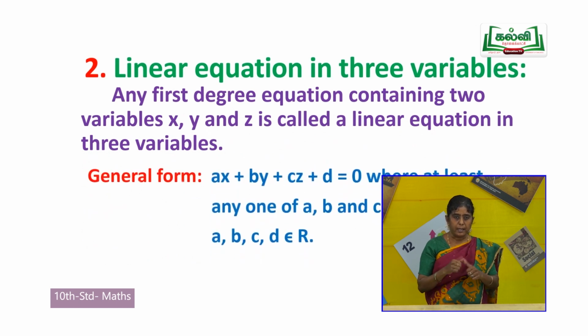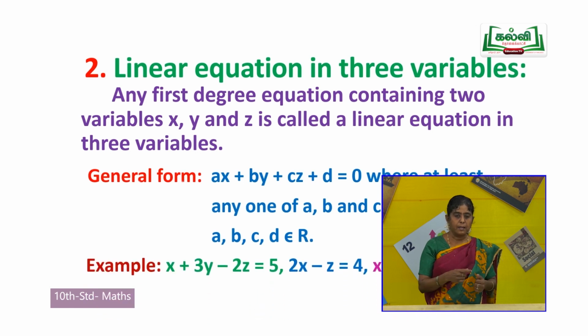It is ax plus by plus cz plus d equal to 0, where at least one of a, b and c is non-zero. Either a or b or c should be there; the remaining two can even be absent from the equation. Don't bother about d also; it can be there, it cannot be there. On a, b, c, d, all four should be real numbers.